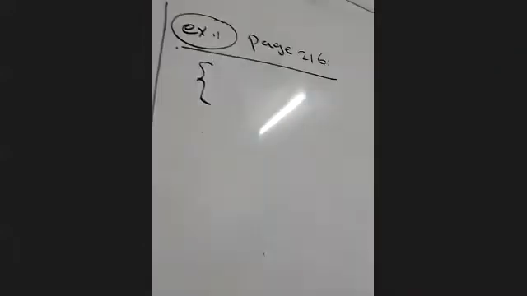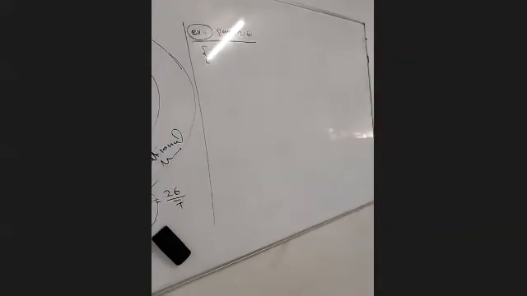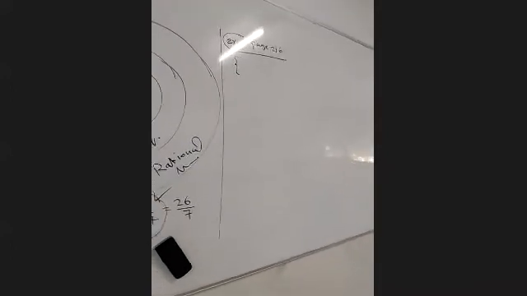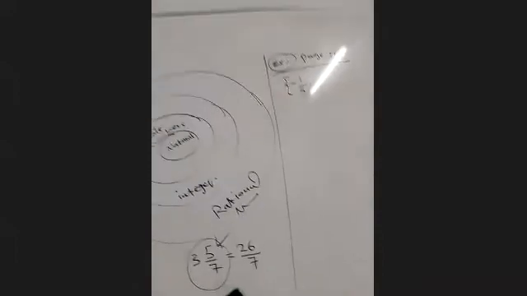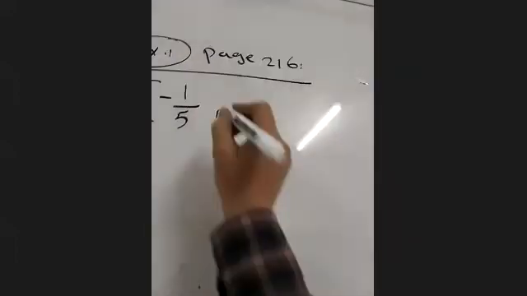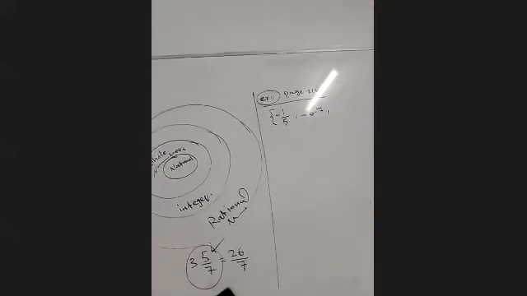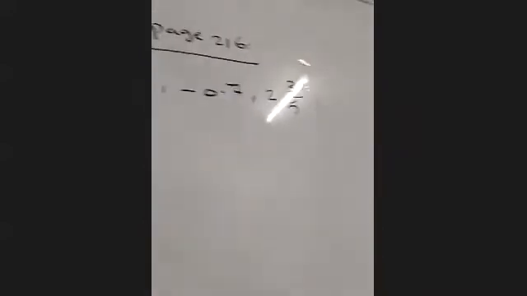We have a group of numbers, and inside this group we have -1 over 5 and -0.7, comma, we have 2 and 3 over 5, and the last number in this group we have -1.8.